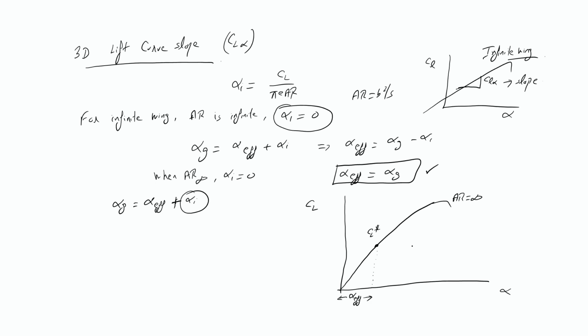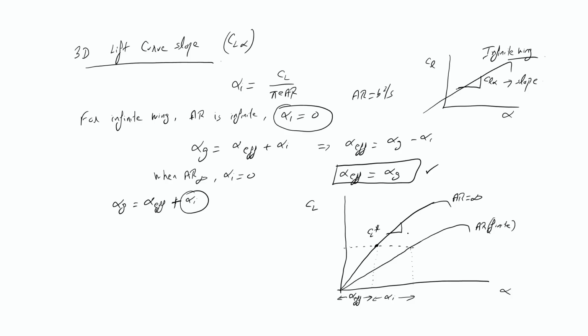Say for example, consider this point, and this is alpha I. Okay, so now your plot will actually go like this. Okay, this is for the same CL star. This is alpha effective and this is alpha I. Now this is aspect ratio finite. Now can you comment about the lift curve slope?